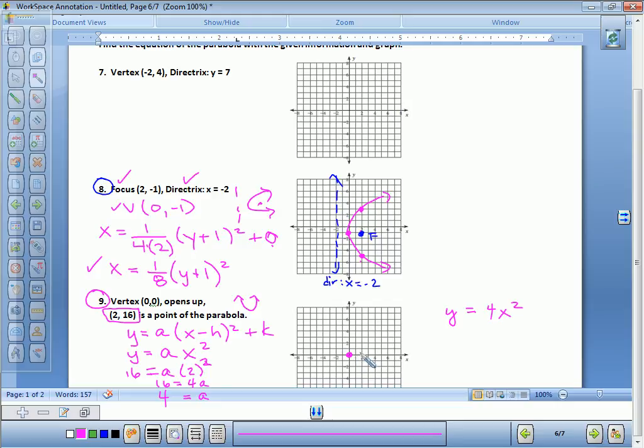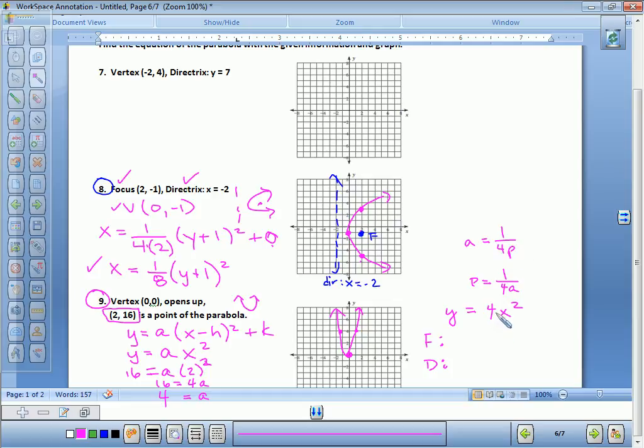So if I went over 1, I'd multiply it by 4. Instead of 1, 1, I'd go 1, 4. There's the graph. It's stretched vertically a whole bunch. So we could find the focus and the directrix now, because P is 1 over 4A, just like A is 1 over 4P.